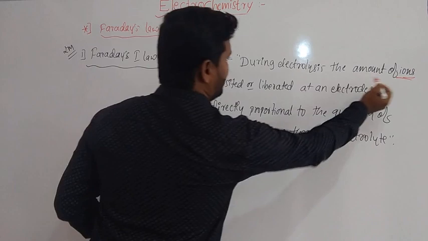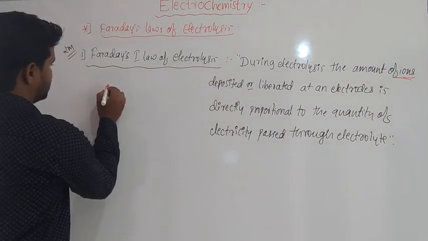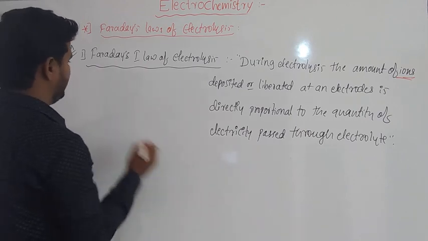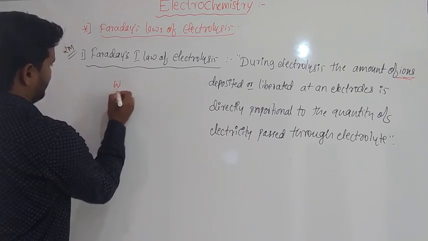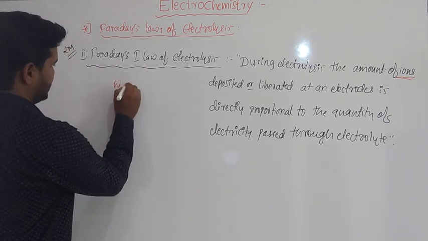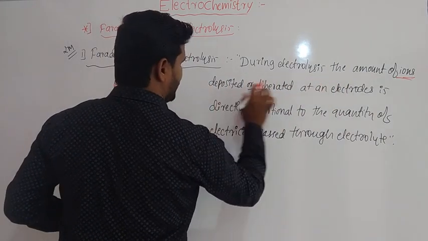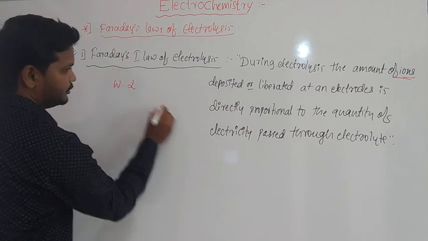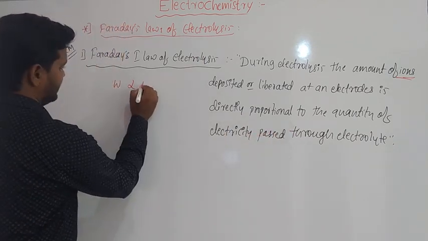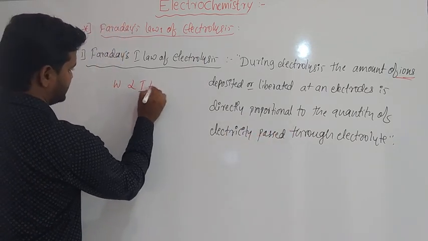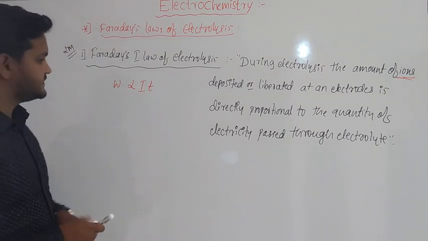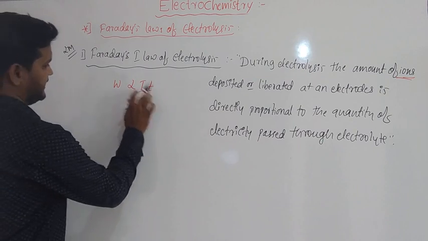So here, the amount of ions you can consider W or M, means mass of ions or weight of ions. W, the weight of ions deposited or liberated at an electrode, is directly proportional to the quantity of electricity passed in a time t. W is directly proportional to I into T. Yes, I means the current in time t.